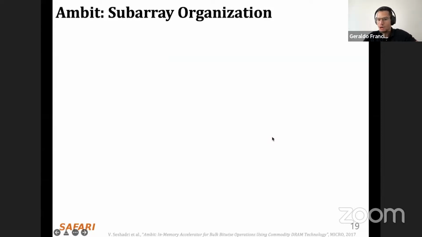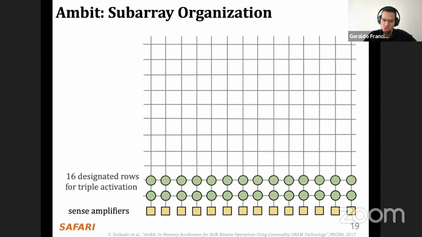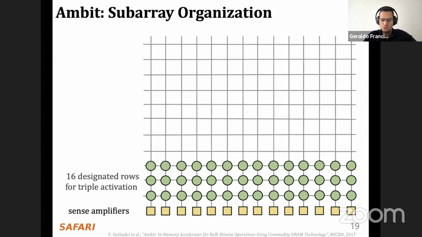Also, Ambit proposed some modifications on the DRAM subarray in order to do this triple row activation in an efficient way. In the Ambit design, the 2D array that I showed before is broken down into 3 different groups. The first group is the group of 16 designated rows, which are what we call bitwise rows, and they are the ones that we do those majority operations on.